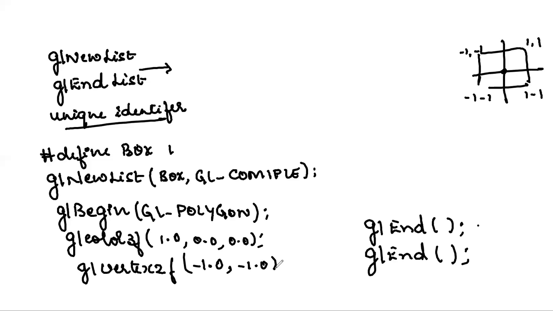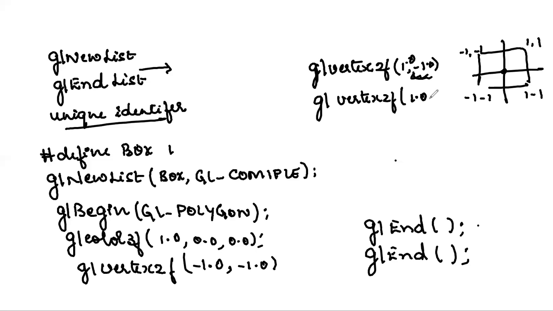We need to go in an order, so here I'm taking glVertex2f of the second vertex, which is 1, -1 for us. Next, the third one, I'll write glVertex2f 1.0 and 1.0.